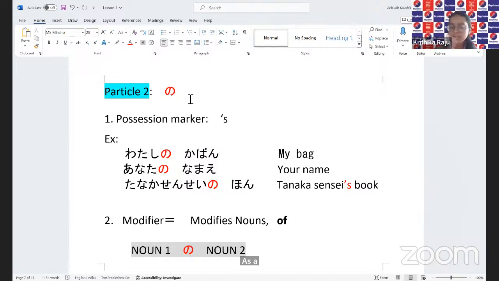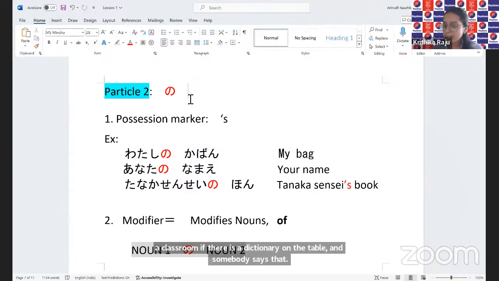So one function of this particle is, it is a possession marker. What is a possession marker? So there's a pen. I want to say this pen belongs to me. So in English, I say this is my pen. I'm talking about possession. It belongs to me. I possess it. In a classroom, if there is a dictionary on the table, and somebody says that is Tanaka Sensei's dictionary.